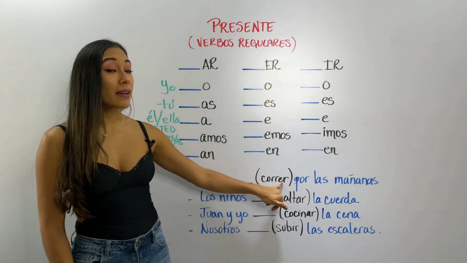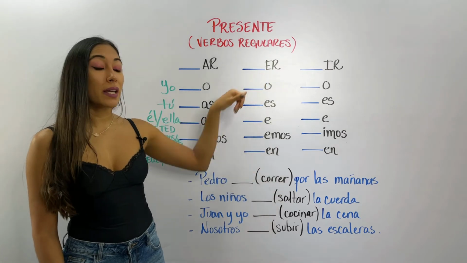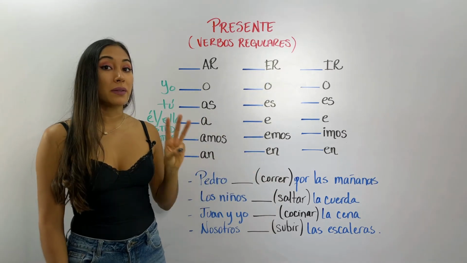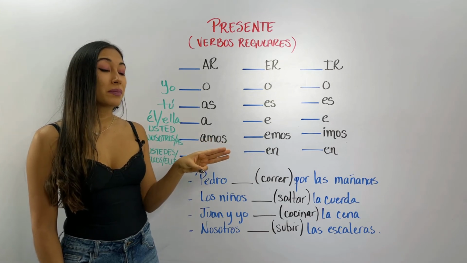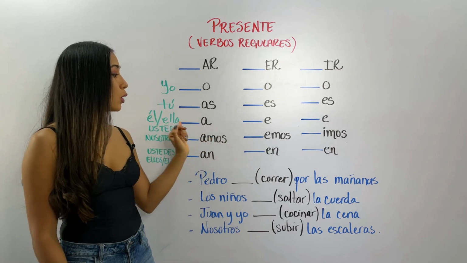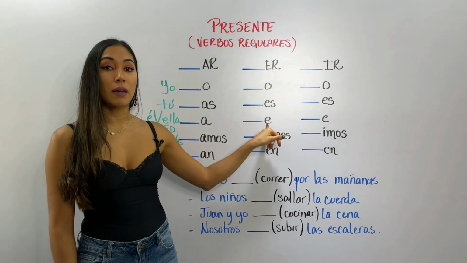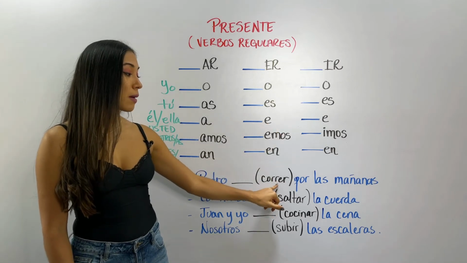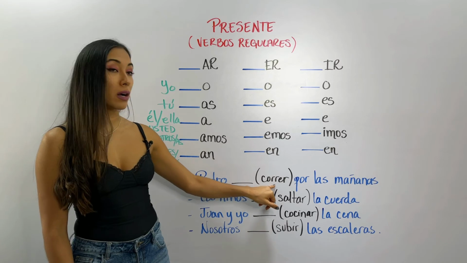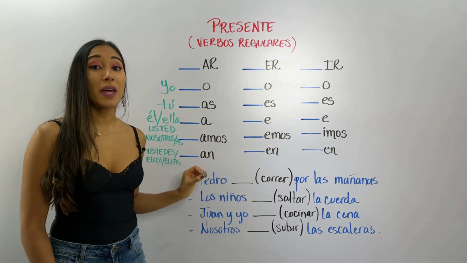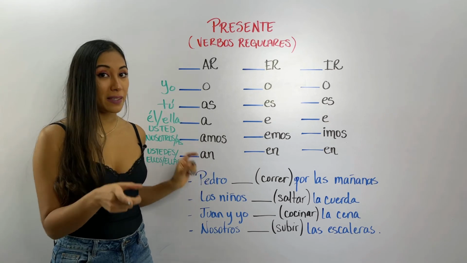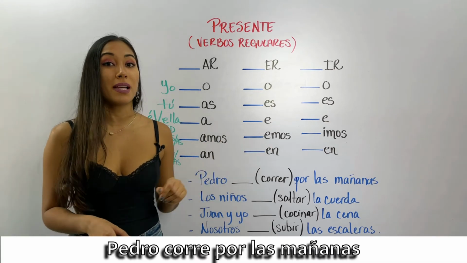It's an -er verb. And Pedro, it's what? It's the third person, él. Okay? So, él, e. I write down the stem, which is C-O-R-R. And then what? The e. So, Pedro, yes. Pedro corre por las mañanas.